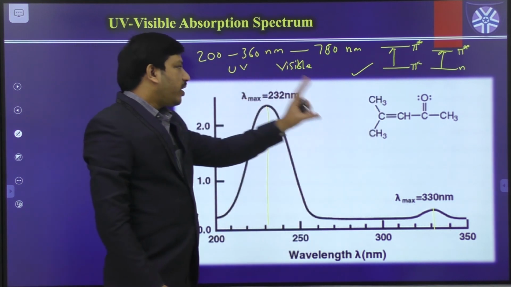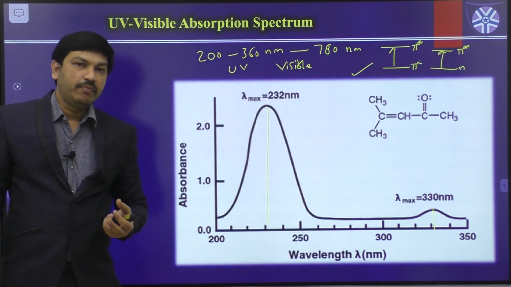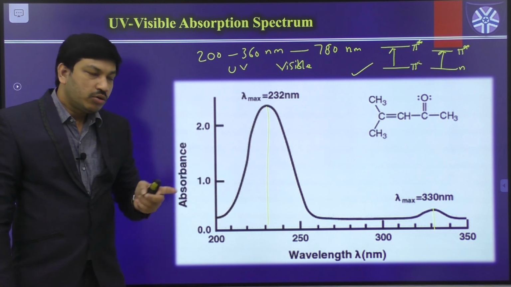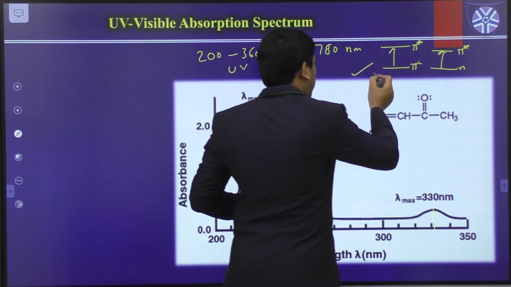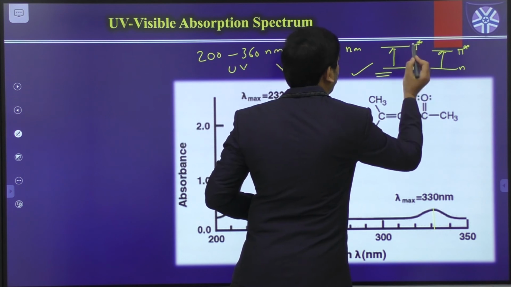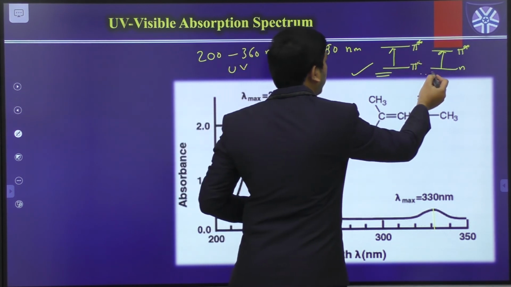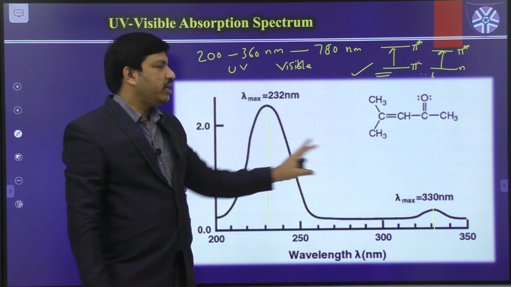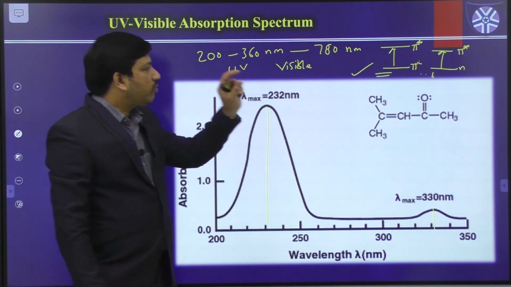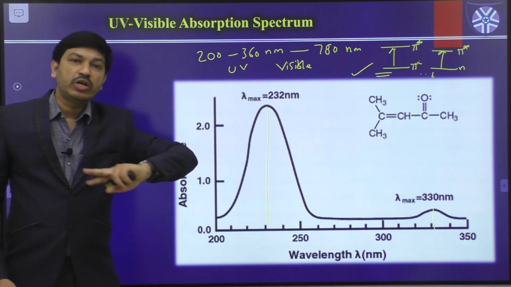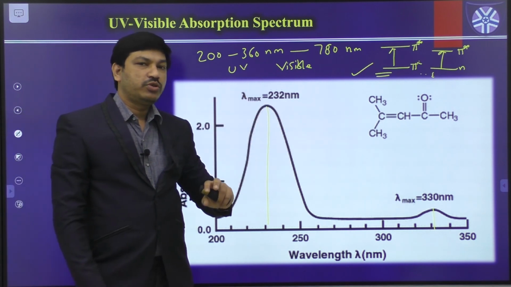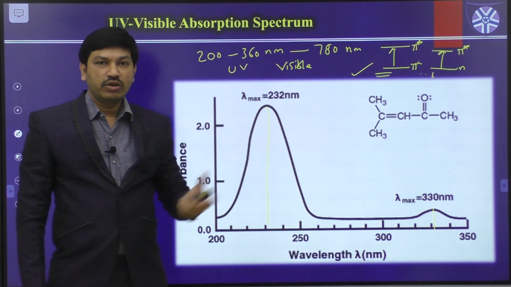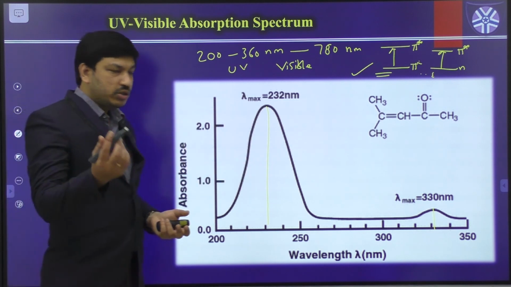That means if you want to take the absorption spectrum of any molecule, there should be either a pi bond or some lone pair of electrons in the given molecule, or a pi bond along with lone pairs of electrons. Then only you will get some absorption peaks like this. The group which is responsible for the absorption or electronic transition is called a chromophore, and those we will discuss.